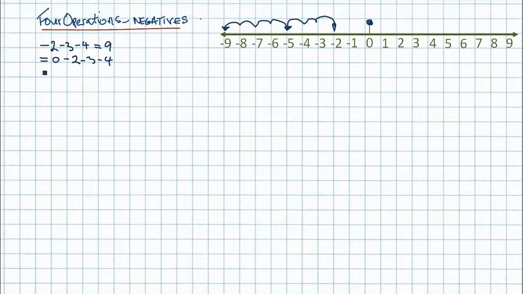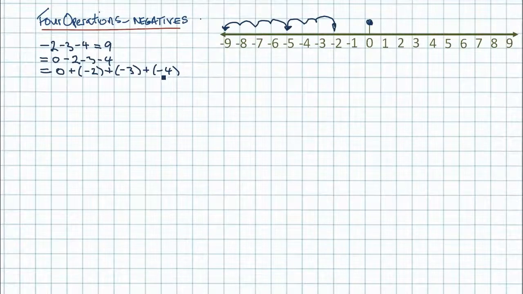So we could say, just to make this a little bit more interesting, 0 add -2 add a -3 add a -4. It's exactly the same as what we've said originally. It looks more complicated, but it helps us to understand what we're actually doing here.